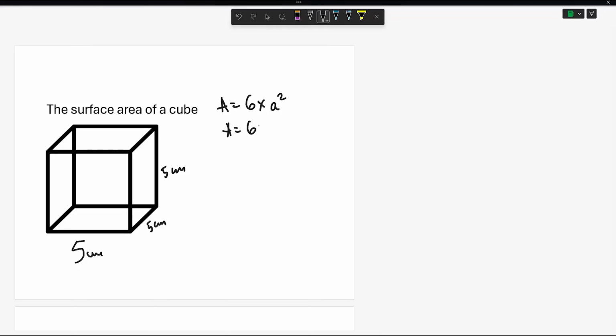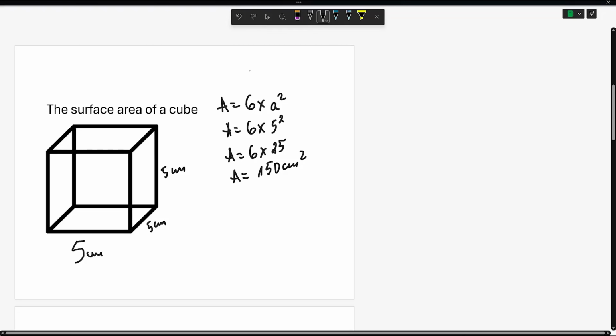We have 6 times, I replace a with my 5, it's going to be 5 square, then I'm going to have again 6 times 5 square, it's 25, so our surface area is going to be 150 centimeter square.